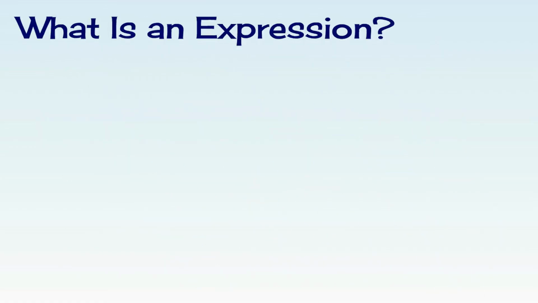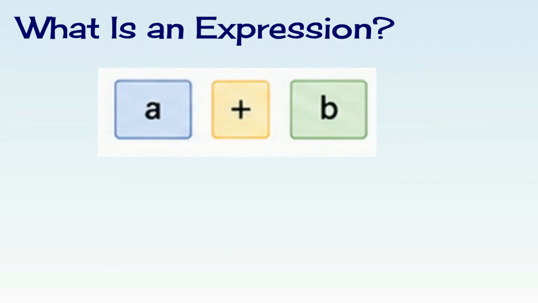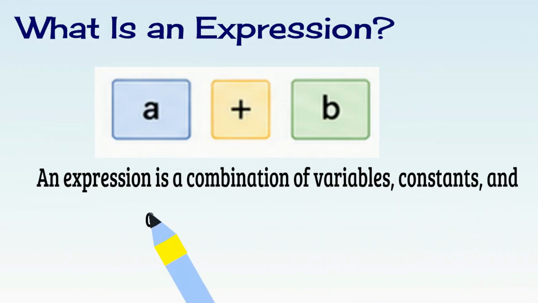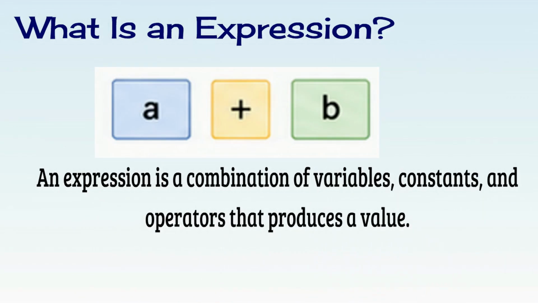Now that we know about constants, let's see how they are used together with variables. Suppose we have two variables named a and b. If we add the value stored in a to the value stored in b, we are asking C++ to perform an addition. This is called an expression. We can define an expression as follows. An expression is a combination of variables, constants, and operators that produces a value.